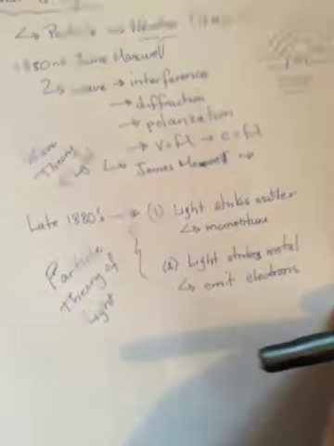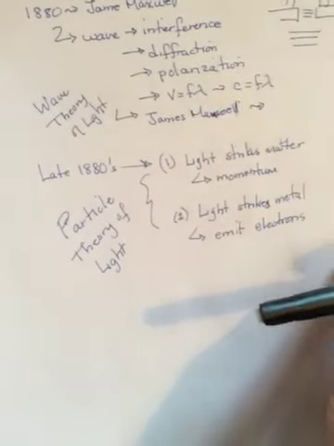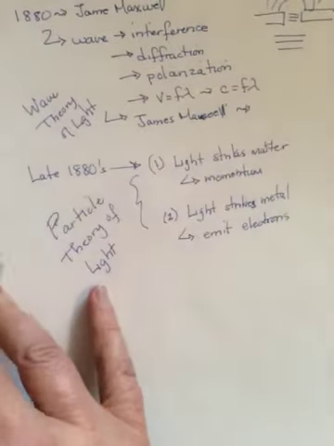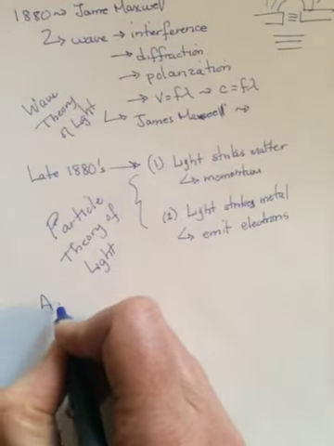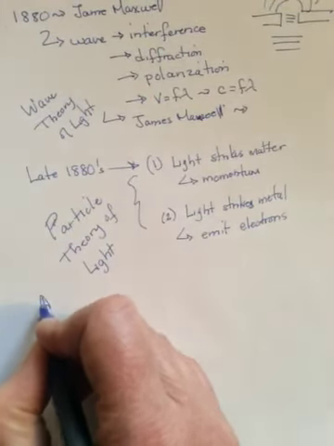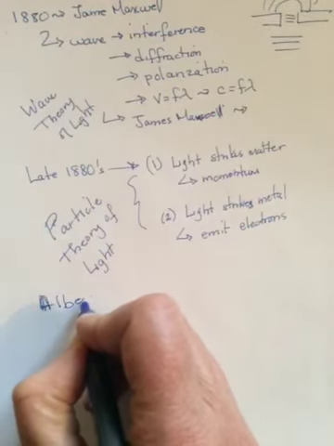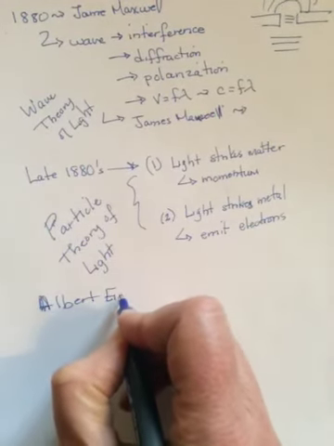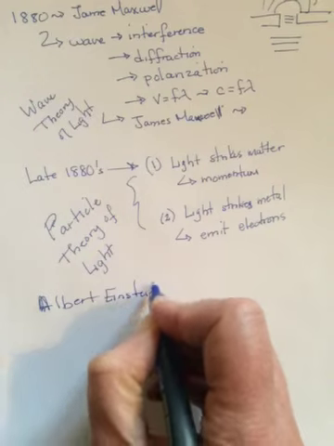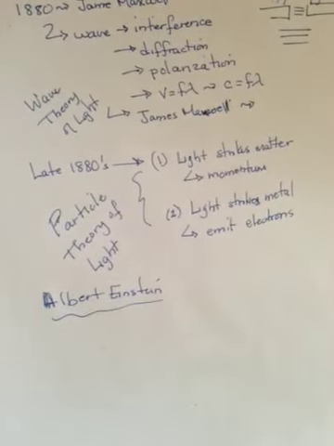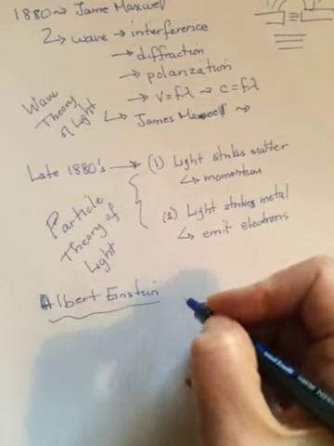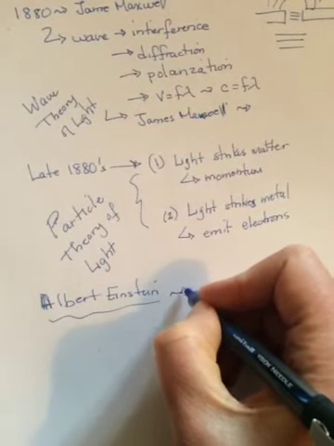Well, finally it gets settled. And it gets settled by someone that you've been waiting in your physics life to meet. It gets settled by Albert Einstein. Okay? And Albert Einstein settles it, it's the early 1900s, and he settles it in a brilliant way.